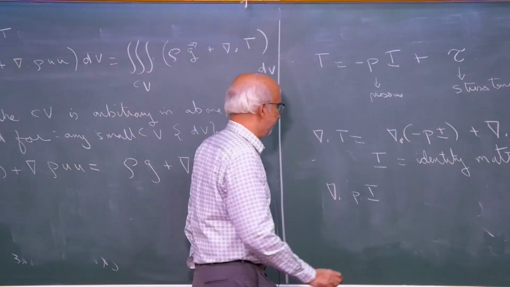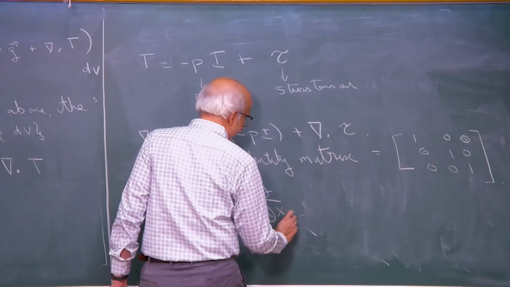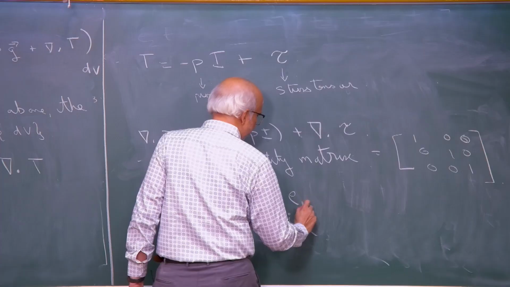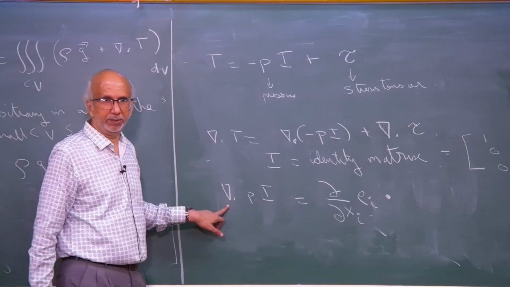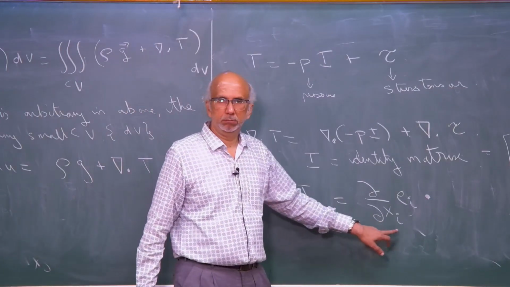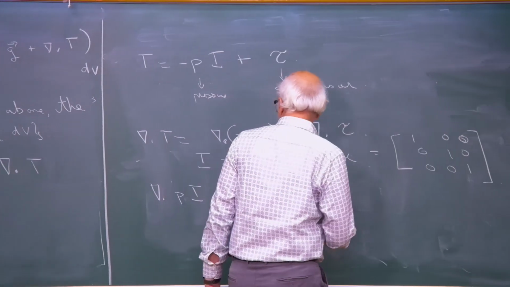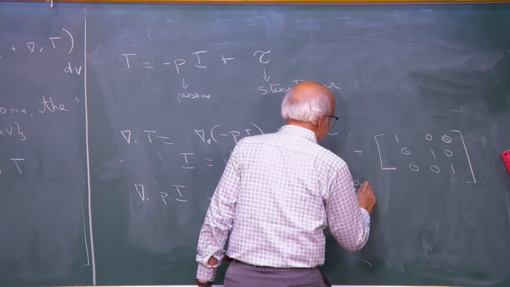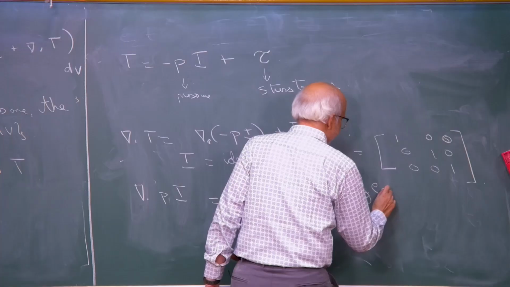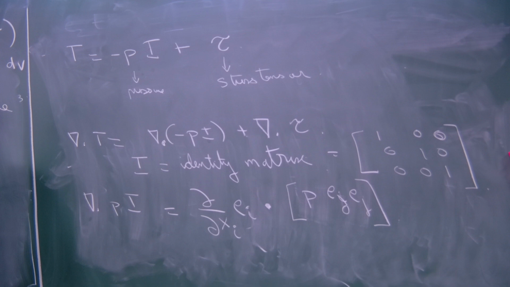The usual method that we had, the del operator is d by dxi of Ei, that is a del operator, is a vector, and dotted with gradient P I is P, I am going to write this as Ej Ej, because the P has contributions only along the diagonal.